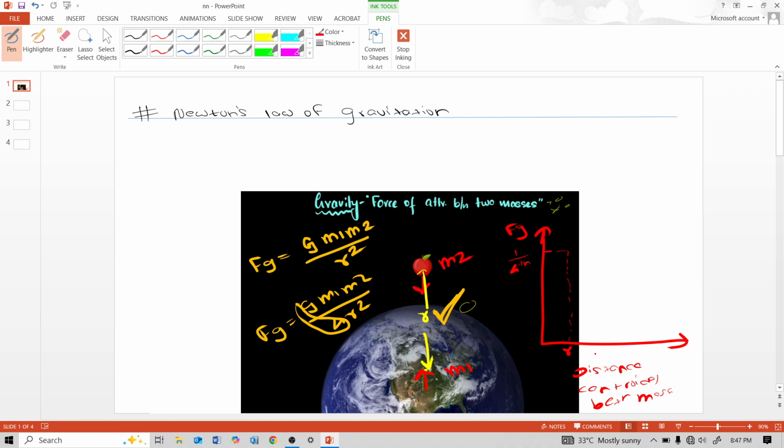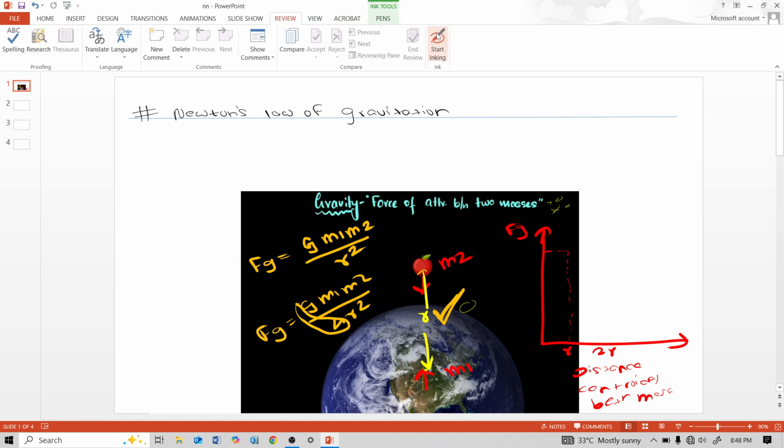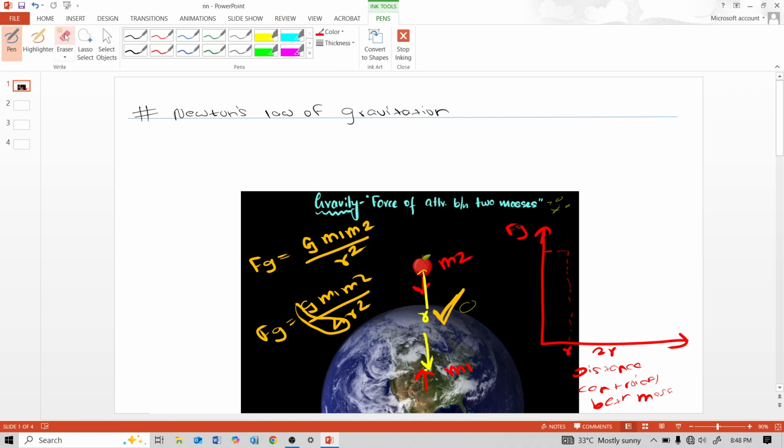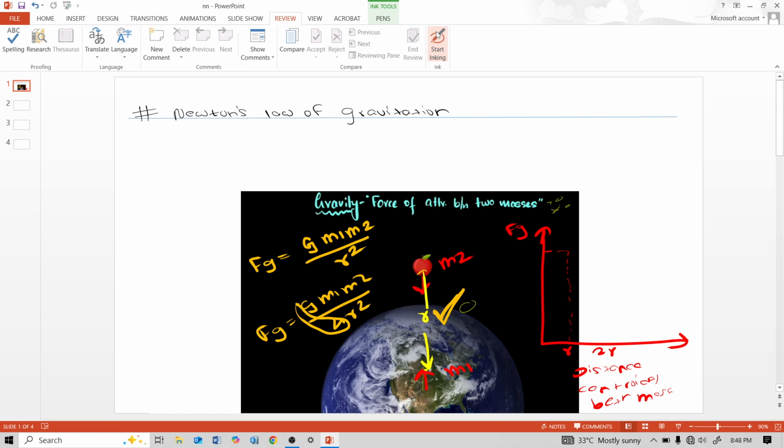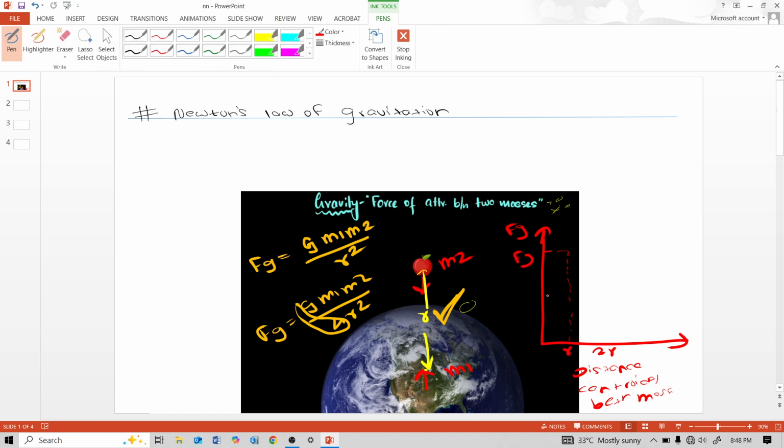If this r is only r, that means only Fg. See, r means Fg.